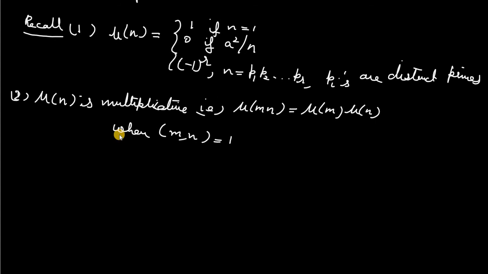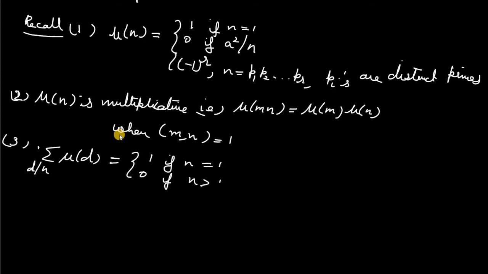And number 3 is that the summation of mu of d, where d runs over the divisors of n, is equal to 1 if n is equal to 1, and it is equal to 0 if n is greater than 1.